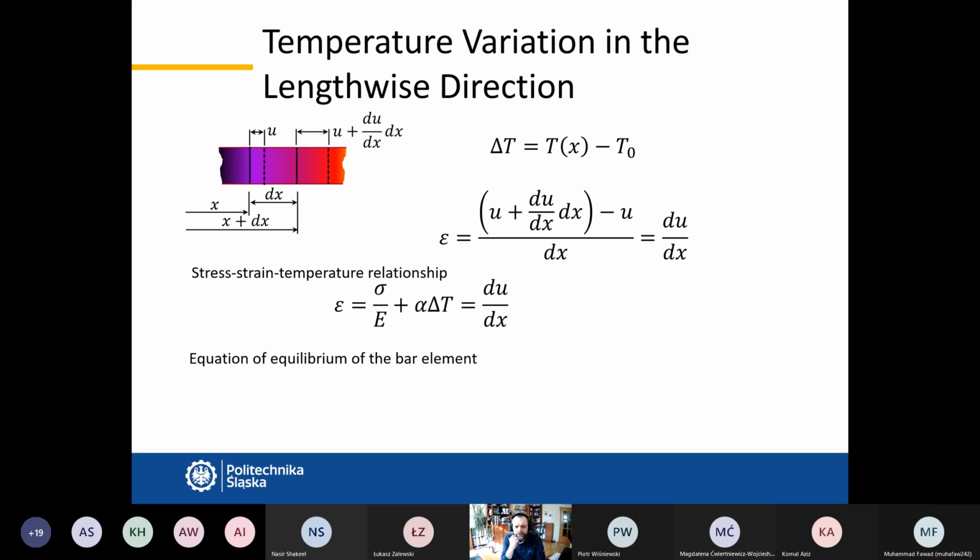If we look at the equilibrium of the bar element, so this very thin slice of material again, on the left-hand side we have force, which is determined as sigma A, so stress times cross-sectional area. On the other hand side, there may be a slightly different loading, so a slightly different force, sigma plus d sigma.